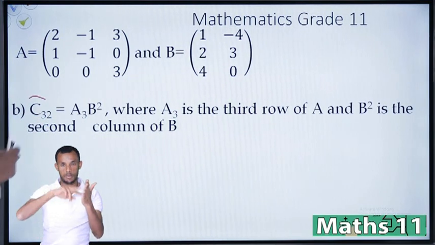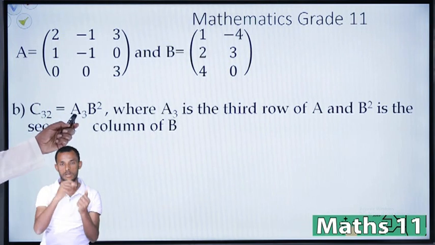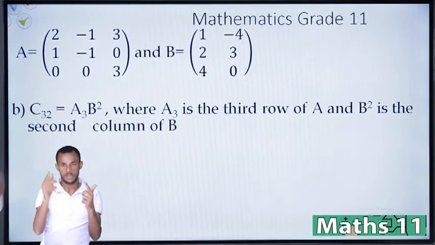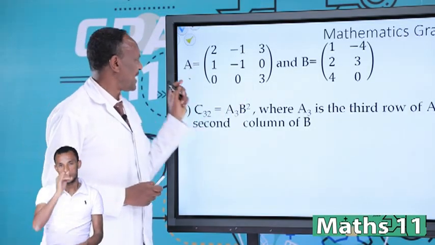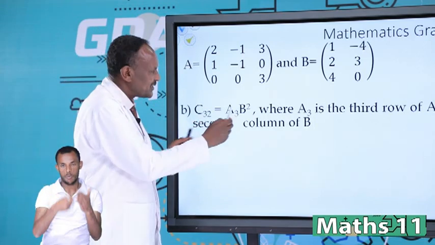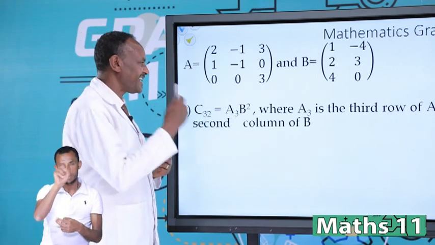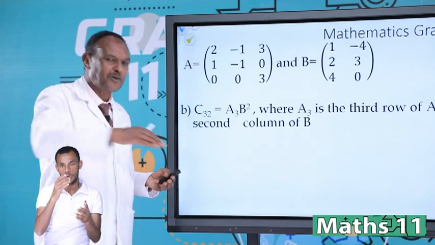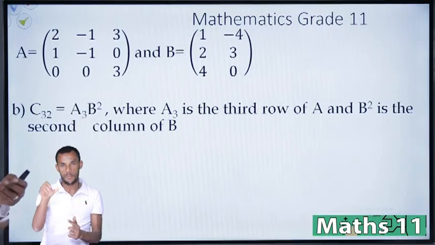This means it is the product formed by the third row of matrix A and the second column of matrix B. Because C is the product of the two, A times B. Since the product is a 3 by 2 matrix, you are asked what is the element in the product found in the third row and second column, which is A3 times B2.